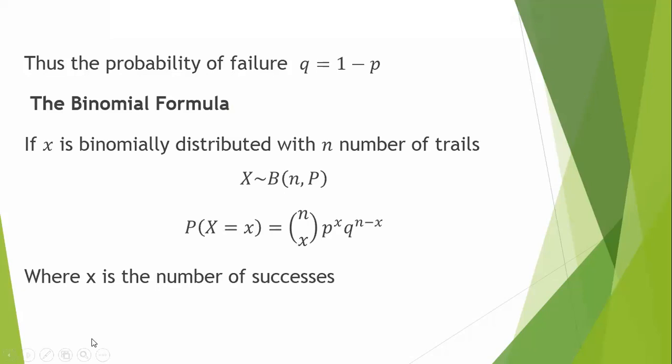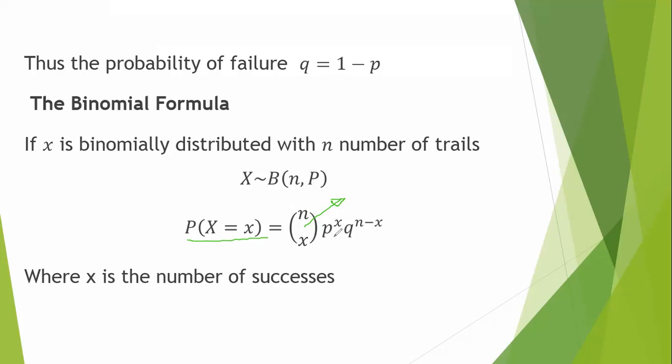So the formula we are saying, the formula here, we have probability of x equaling the small x is equal to n combination x. So this one, once you meet it in paper 2, it means n combination x, and that is on your calculator, or you can define it by using the pure math knowledge.